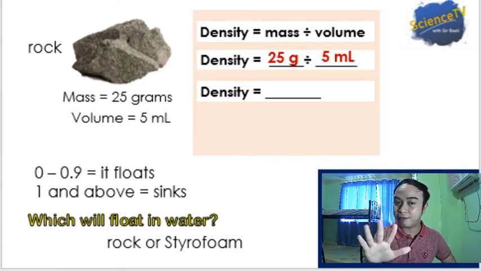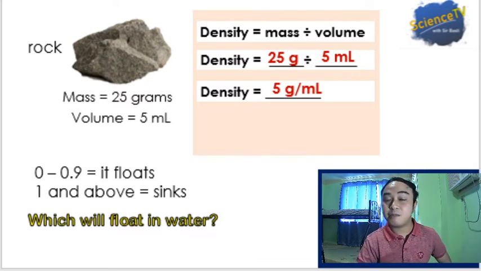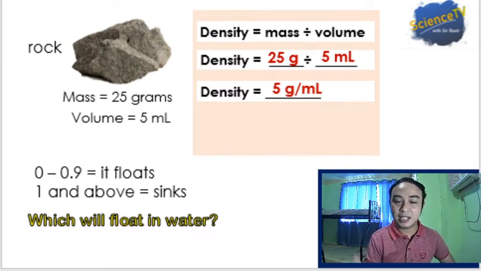It's 5. Then what is the unit that we are going to follow? Okay, copy gram. Then we are going to follow ml. So our final answer is 5 grams per ml. So that's it. The density of the rock, or shall we say stone, is 5 grams per ml, which will float in water.